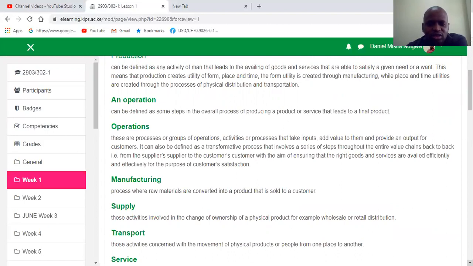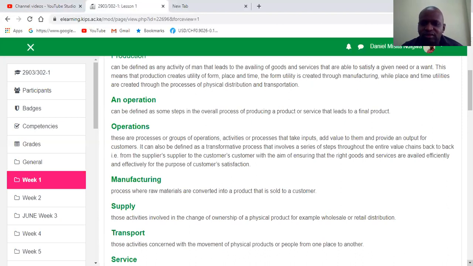The other thing is manufacturing. Manufacturing is the process where raw materials are converted into a product that is sold to the customer. So that process of conversion of raw materials into finished products, and these products finally sold to the customer, is what we are referring to as manufacturing. Another important term is supply.